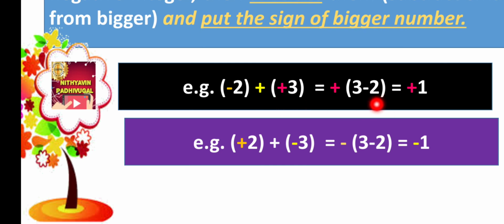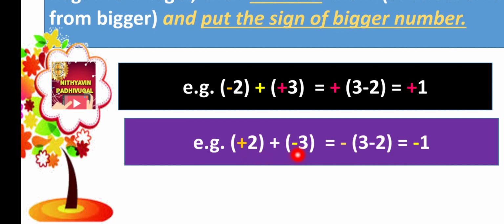Which is equal to, now 3 minus 2 is 1. The sign is plus, so plus 1. That's all. Now you people are going to tell the next example. Let me tell you. I hope you have understood very well now.